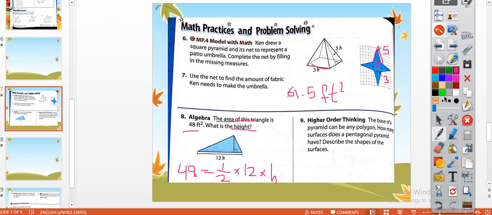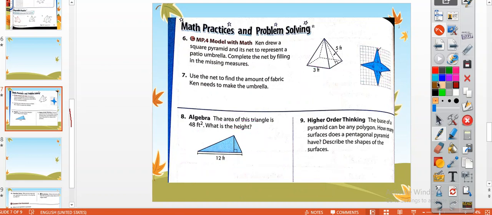Well, simply, half times 12 is 6. 6 times the height equals 48. So what is the height? Yes, the height equals 8 feet, because multiplying 6 by 8 gives you the area of 48 square feet.